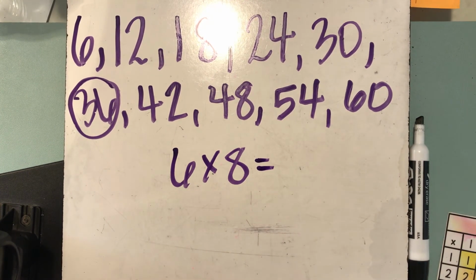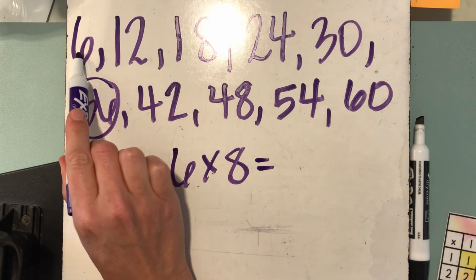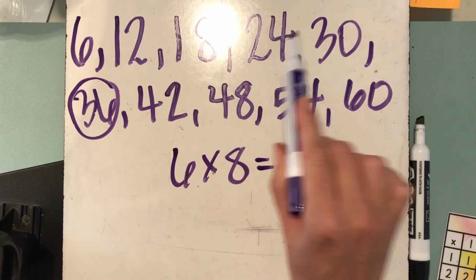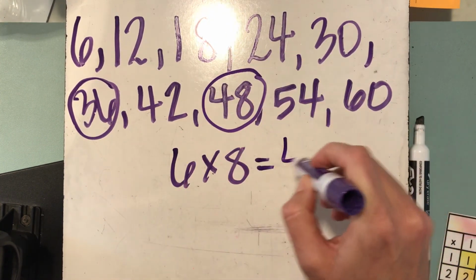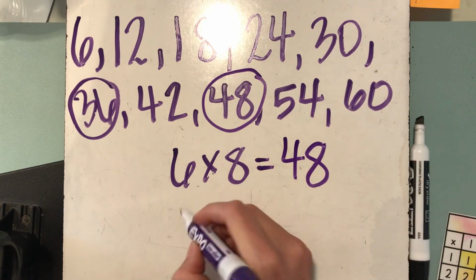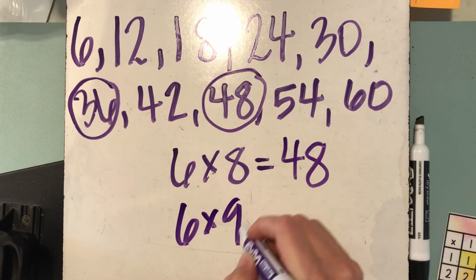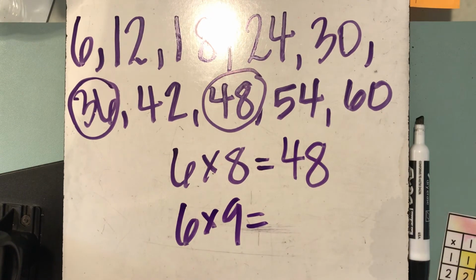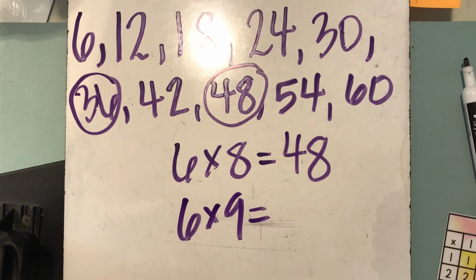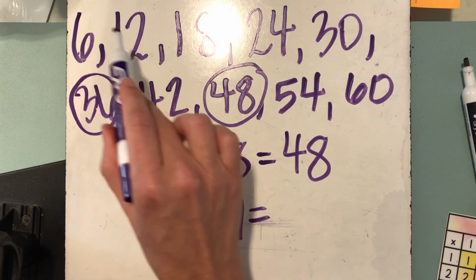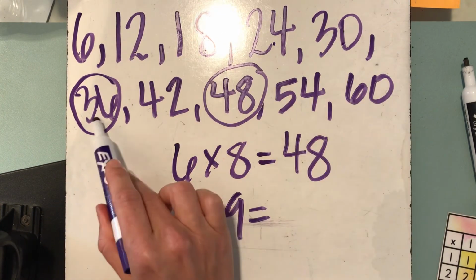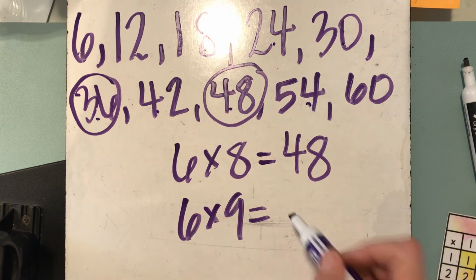Pause the video, see if you can figure it out. All right, 1, 2, 3, 4, 5, 6, 7, 8. 48. All right, last one, 6 times 9. Pause the video and figure it out. Here we go. 1, 2, 3, 4, 5, 6, 7, 8, 9.